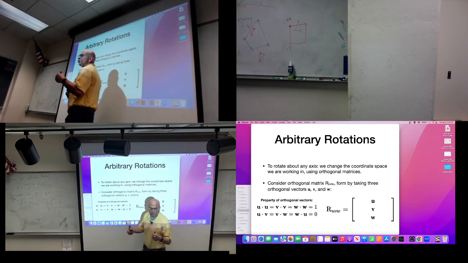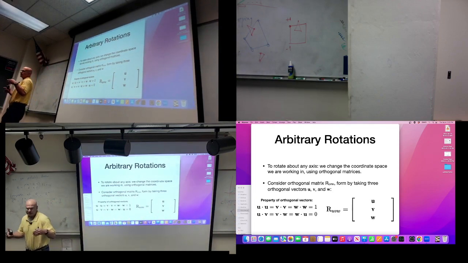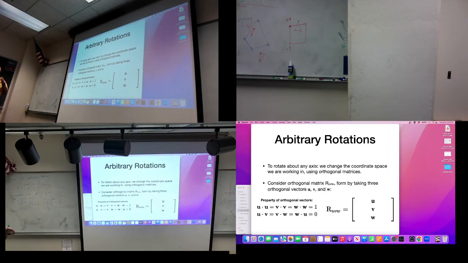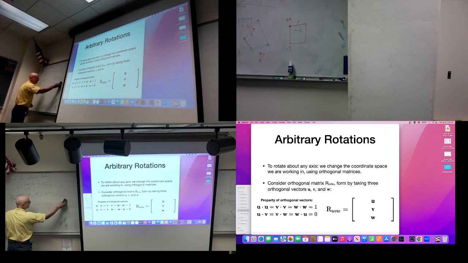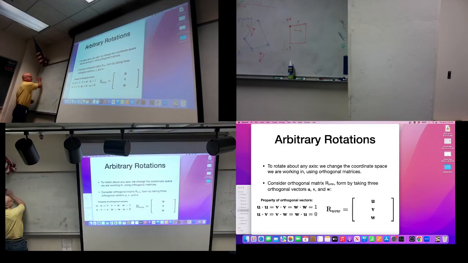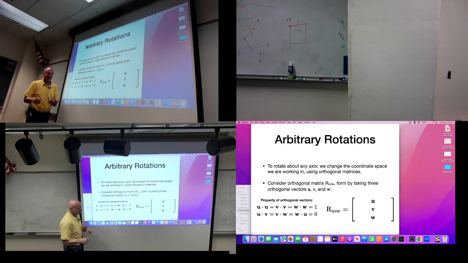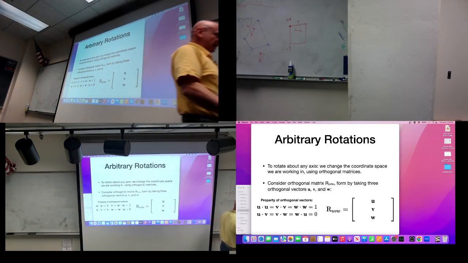But I have two tools. I have rotate around the X, rotate around the Y, rotate about the Z. That's one tool. And I have another tool that says, if you want to transform from one basis to another, represent from one coordinate to another, just write down the coordinate. And it's easy to confuse between them, so don't.